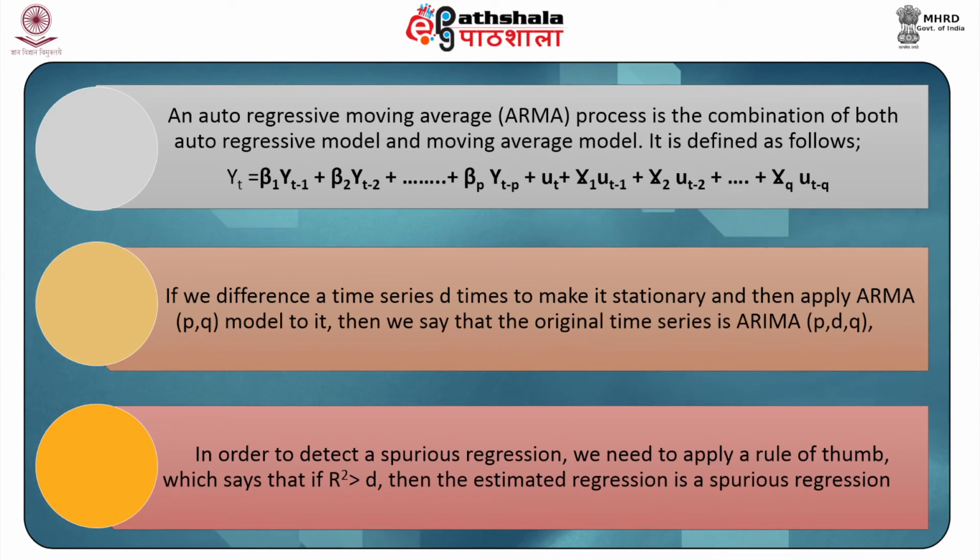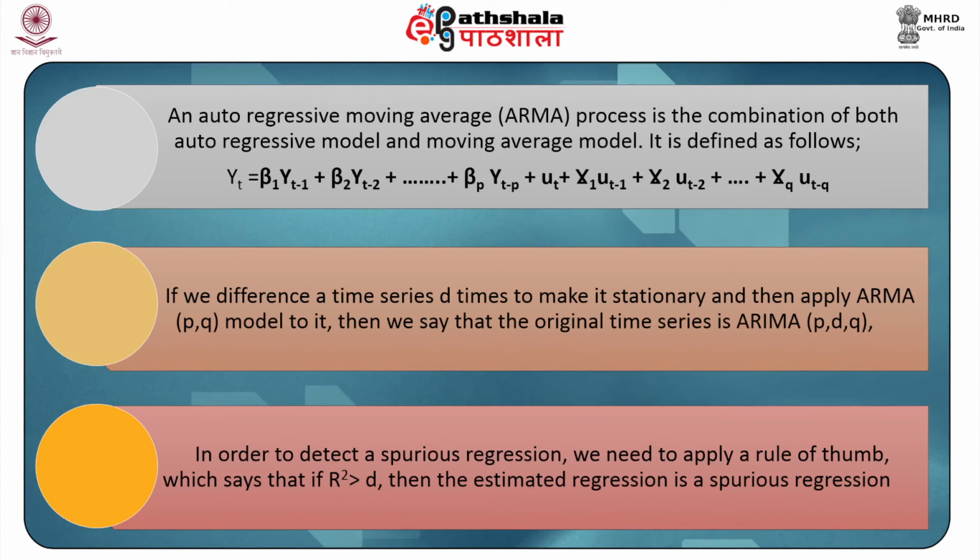The second difference which we have learned is that an AR model is basically stochastic in nature, whereas the moving average model is mainly deterministic in nature. And while the AR model is expressed where yt is a function of yt minus 1 to yt minus p, the moving average model is expressed as yt as a function of mu t minus 1, so on till mu t minus q.